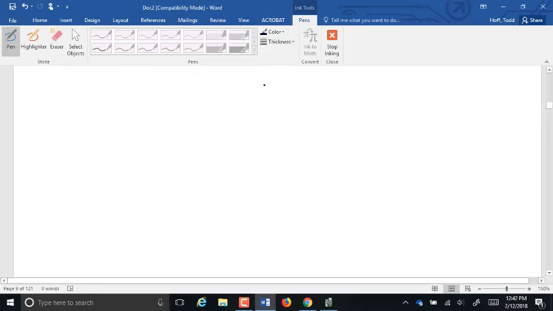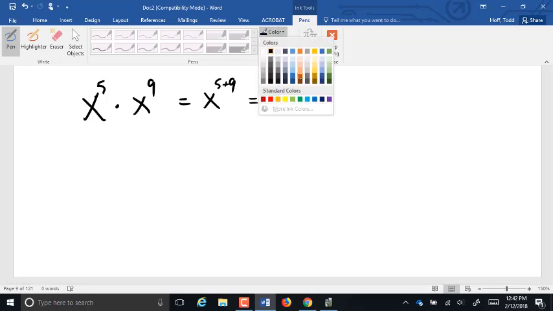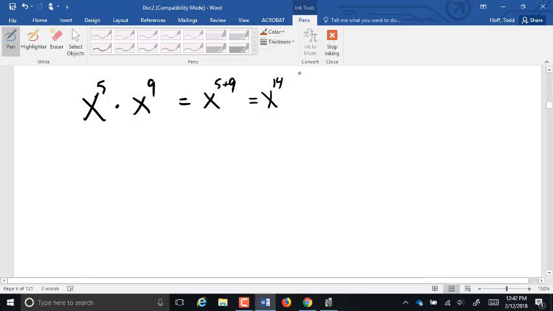Now, some of these basic rules for powers we've already seen. For example, x to the 5th times x to the 9th. What's that going to be? X to the 14th. Good. 5 plus 9 is 14. When we have an exponent like this, remember an exponent has two pieces.